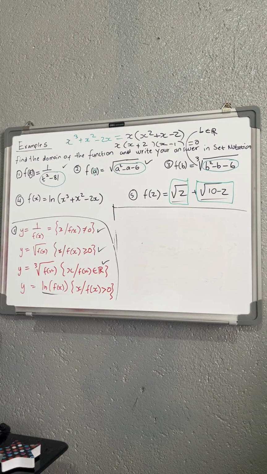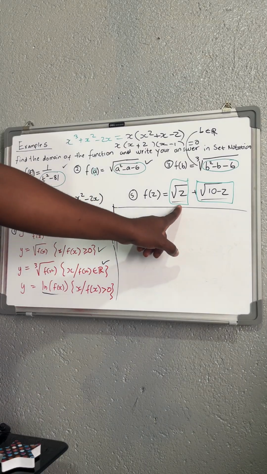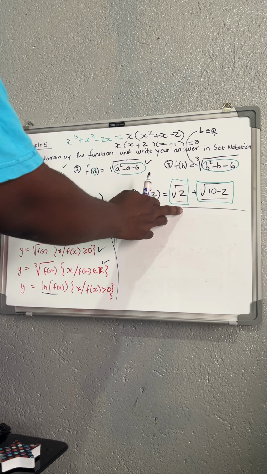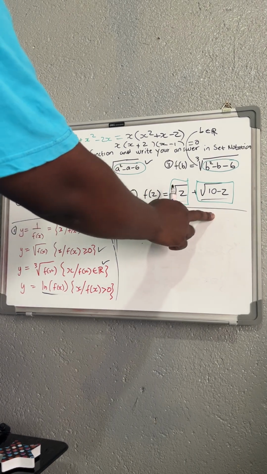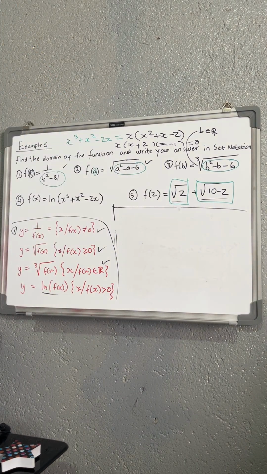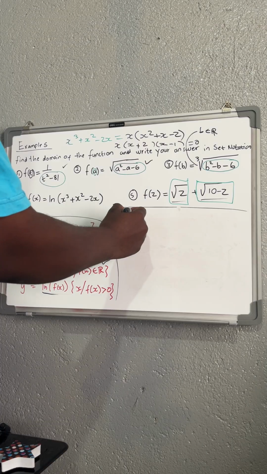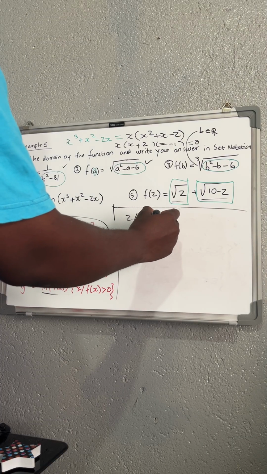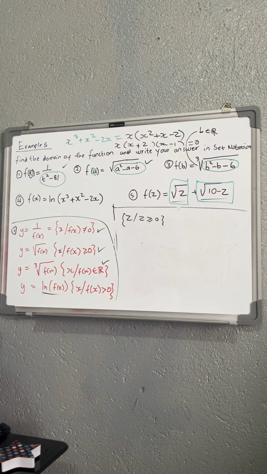But the only thing you have to keep in mind is that whatever solution you get must also satisfy the other part, meaning it must satisfy the root of z and also the root of 10 minus z. So we can say z should be greater than or equal to 0.